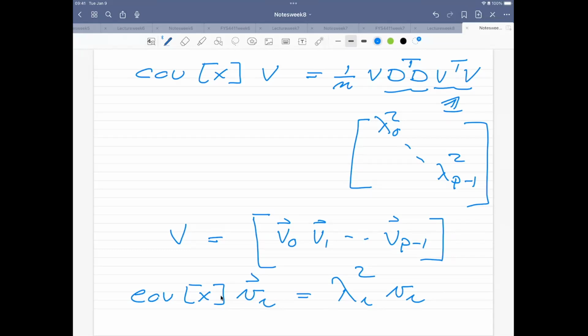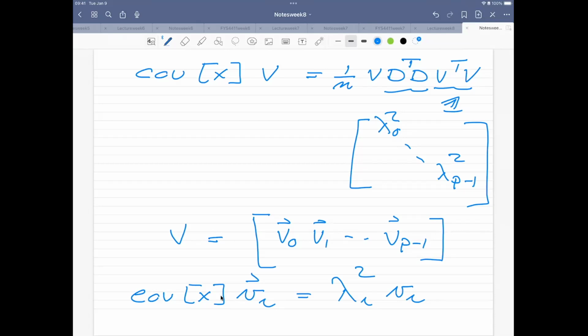Okay, so that's pretty neat. So if you have performed a singular value decomposition, then you have the eigenvalues in terms of the singular values squared, and they are the eigenvalues of the covariance matrix, which then are also the variances.